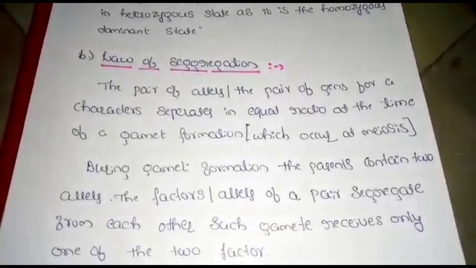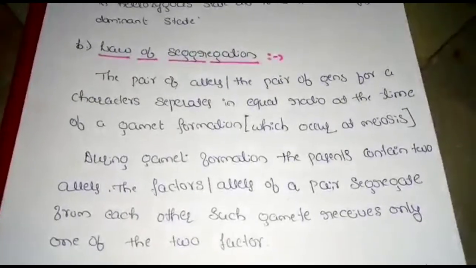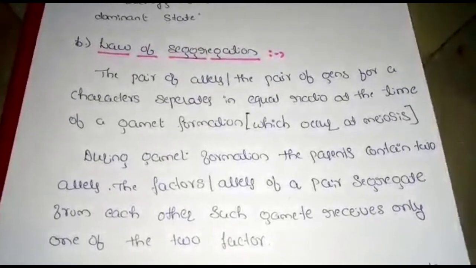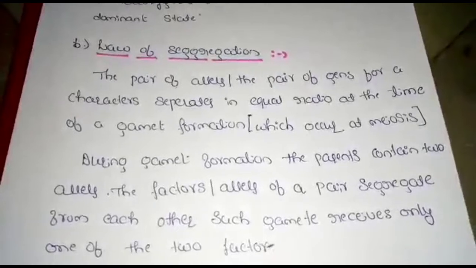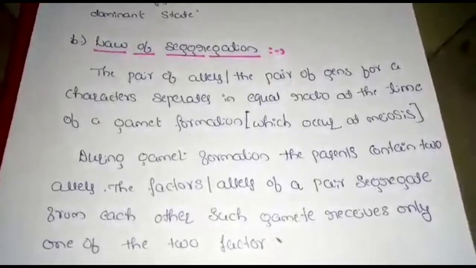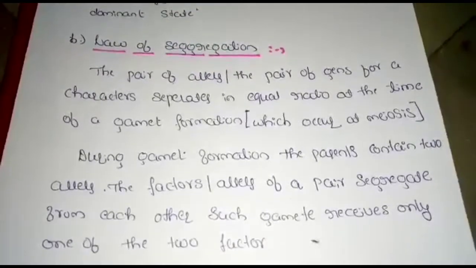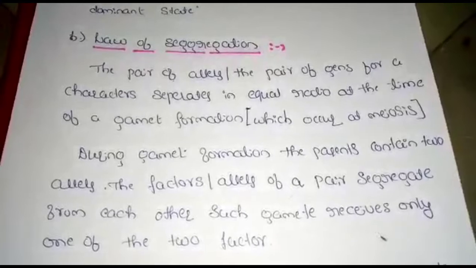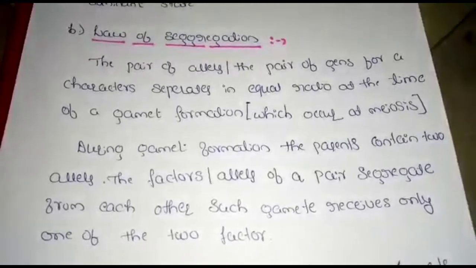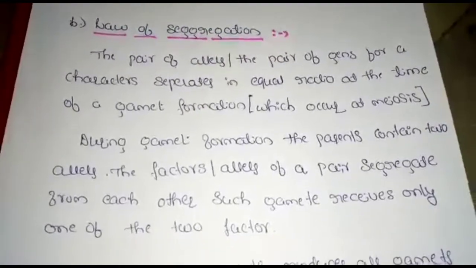The factors or alleles of a pair segregate from each other, so that gametes receive only one of the two factors. Whenever the alleles undergo gamete formation, the parent has two alleles, and the pairs are completely separated from each other.